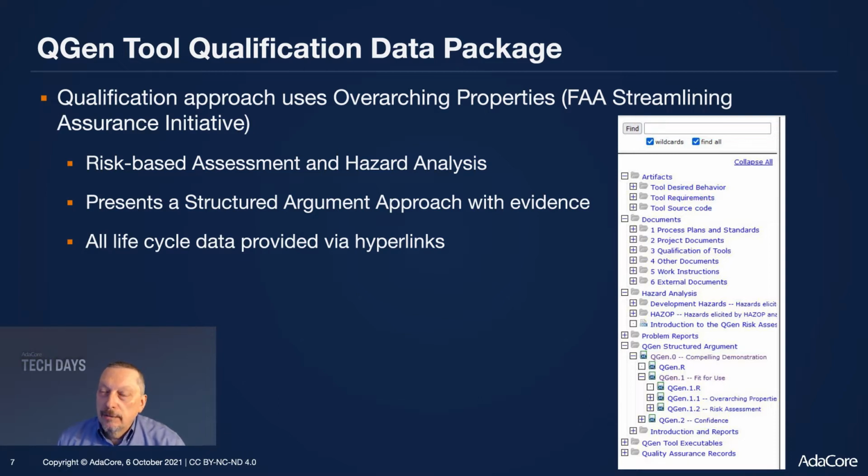So rather than focusing on how the tool is built, we focus our activities on what the tool produces. That's what's going to fly. QGen itself doesn't fly, the generated code does.